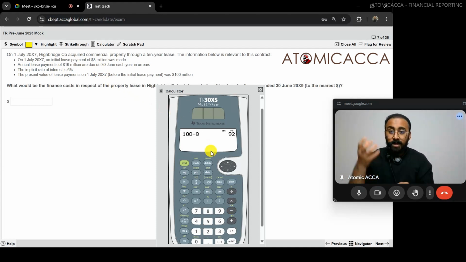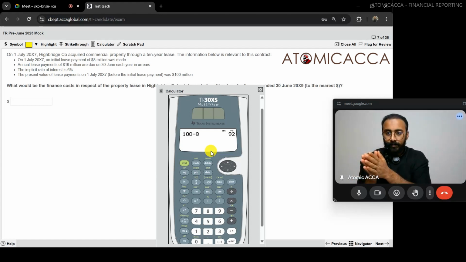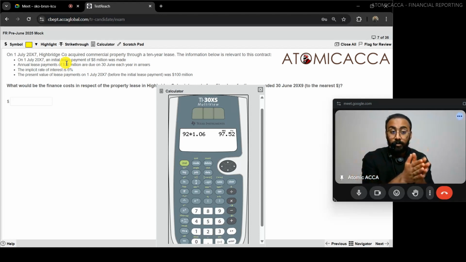Next, what happens? This 92 million will climb up by how much? 6%. Finance cost will add on that. So 92 million multiplied by 1.06 leads to 97.52 million closing.